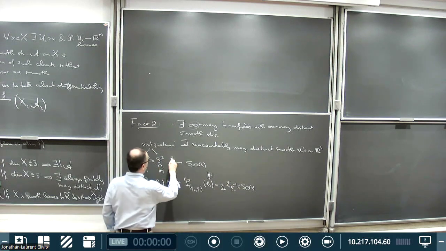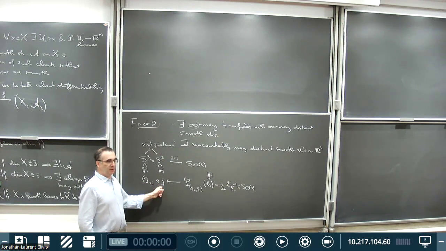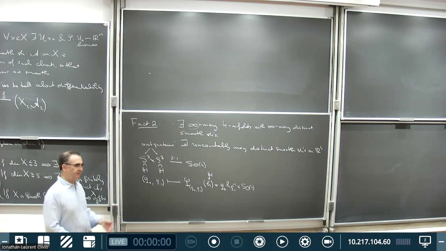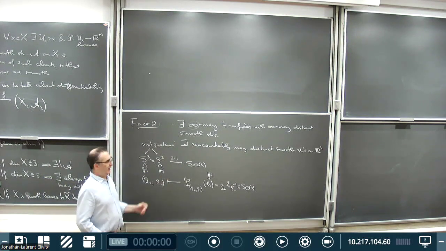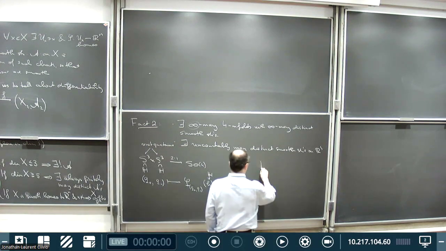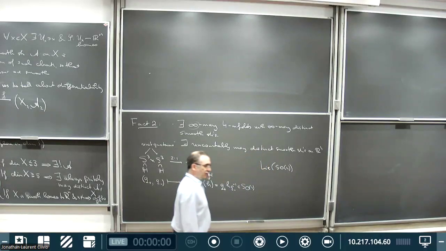And this is a 2-to-1 map. Obviously, (1, 1) and (-1, -1) will map to the same, the identity. And you have to convince yourself that this is a group homomorphism, and it's actually 2-to-1. Which means that the Lie algebra of SO4 actually splits.